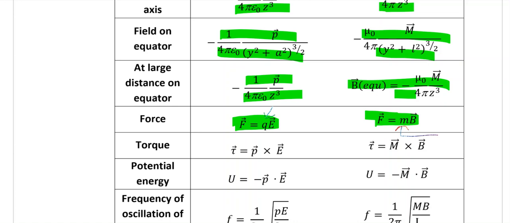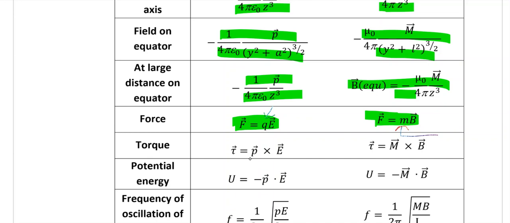You cannot have a single south pole. So most of the time, this equation is theoretically it does make some sense, but practically you always have the north pole and south pole together. So that is another difference between electrostatics and magnetism. In case of electrostatics, you can separate positive and negative charges, but in magnetism, you cannot separate the north pole and south pole.